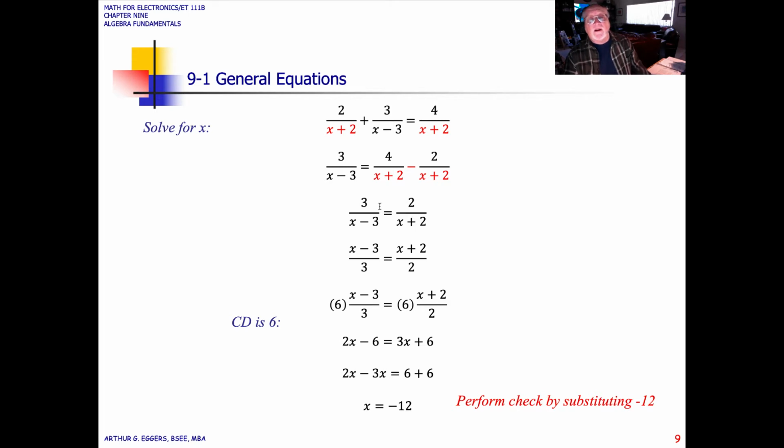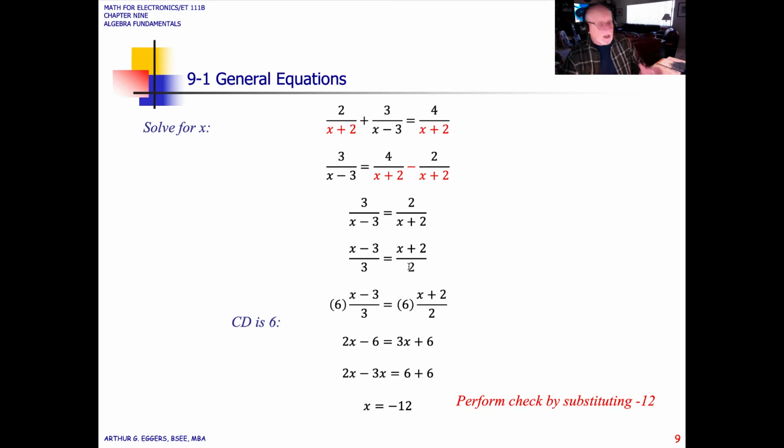And now I'm down to just 2 terms here that do not have a common denominator. So again, I can simply flip these over. As long as I do it from one side and do it to the other side, I can easily flip these over so I can get those x's in the numerator, x minus 3 and x plus 2. What I'm going to do is I know by inspection that 3 plus 2, that the lowest common denominator has to be 6.